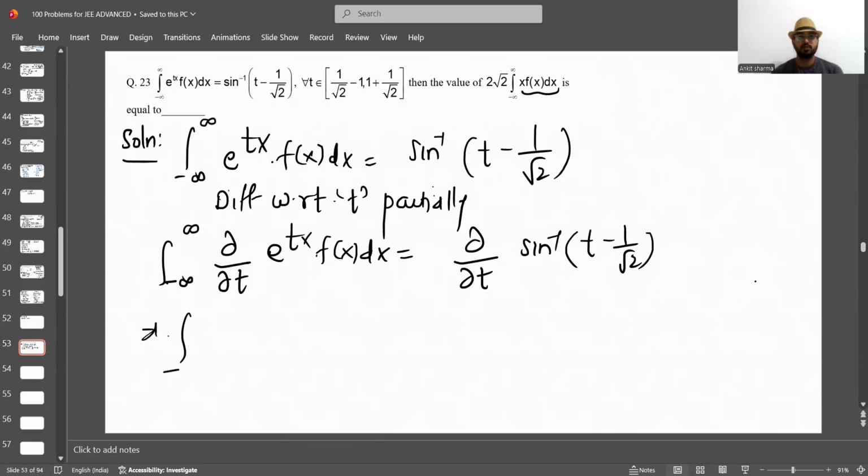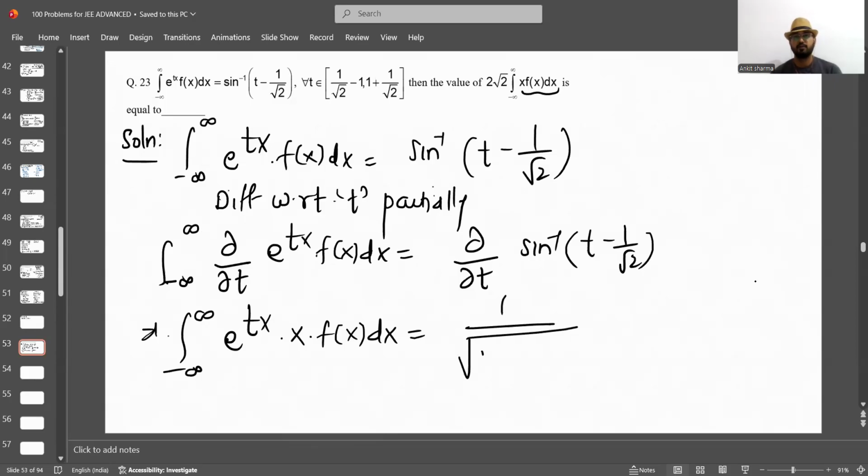For this portion, e to the power tx would be as it is, and then the derivative of tx, which is x, that's constant. The right side gives me the derivative of sine inverse, which is 1 over the square root of 1 minus ((t minus 1)/root 2) squared.